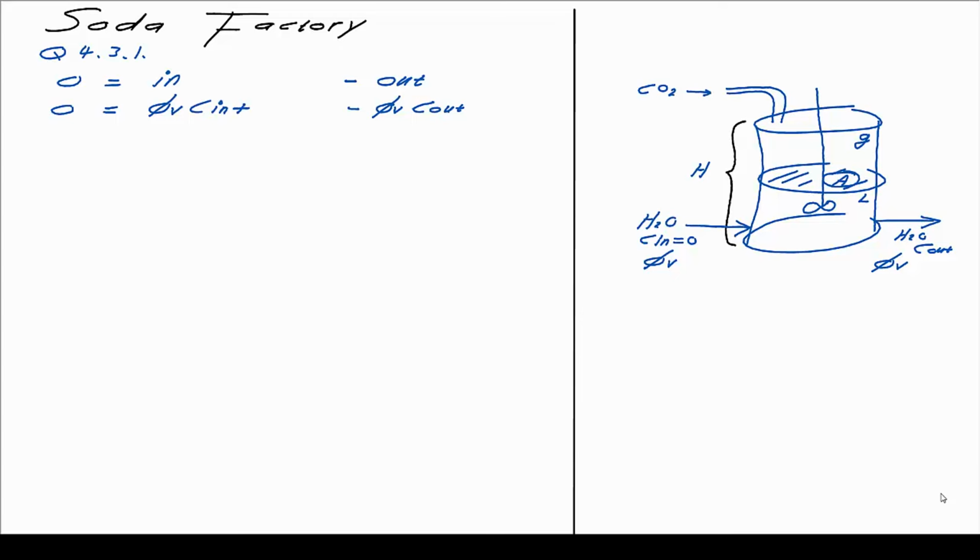This is at the interface. Let's write this as phi m double prime times the cross-sectional area A. Now, C in is 0 because there's no carbon dioxide in the water that comes in. Because the water is ideally mixed, C out is equal to the concentration within our control volume, which is the liquid phase.